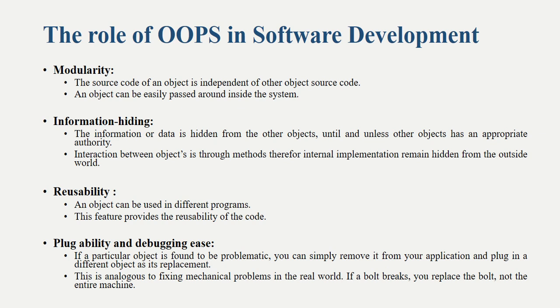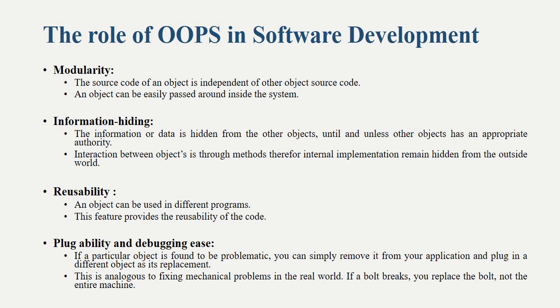You can trace the problem and try to fix it, or if it's not fixed, you can replace it with another one. It's like if you have a car and a tire goes flat on the road, you can just replace it with another tire. It's very simple and easy. This is a real example of pluggability and debugging.